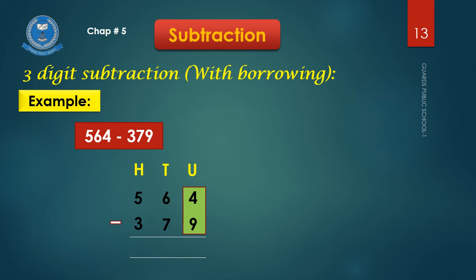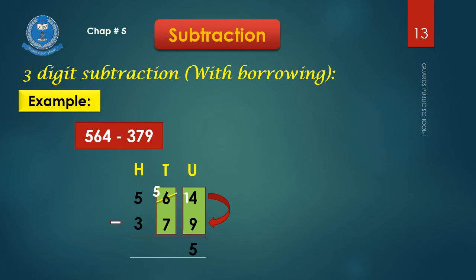So, 1 will be borrowed from 6, and 4 will become 14, and 6 will become 5. Now, we can subtract 14 minus 9. What is 14 minus 9? 5. So, we write 5 under the units column. Now, we have 5 minus 7 in the tens column.